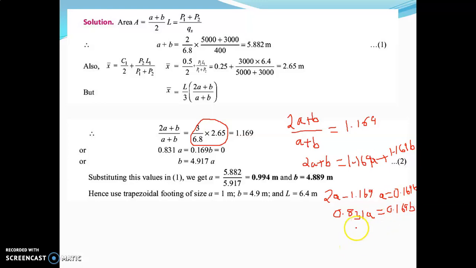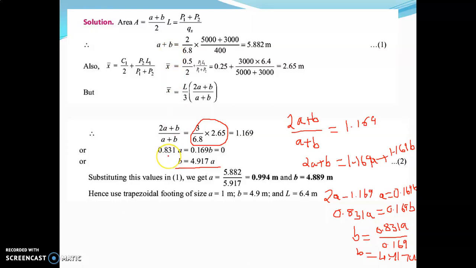So write in terms of B. B is equal to 0.831 divided by 0.169 into A, so that is equal to 4.917A. Now substitute in this equation.